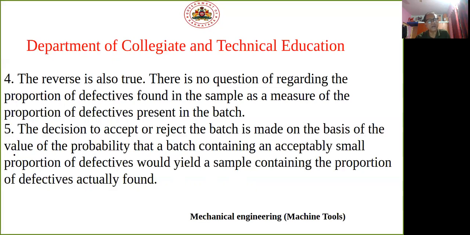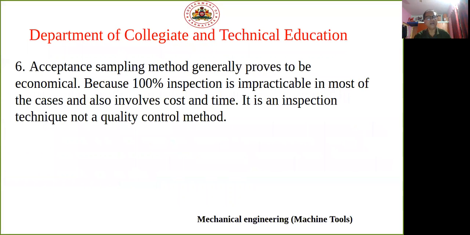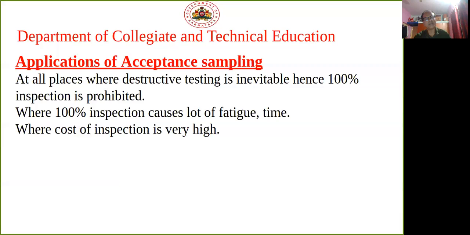Sometimes it will happen that we reject a batch which has good items, and sometimes a batch which has bad items will be accepted. Such things will happen in acceptance sampling.